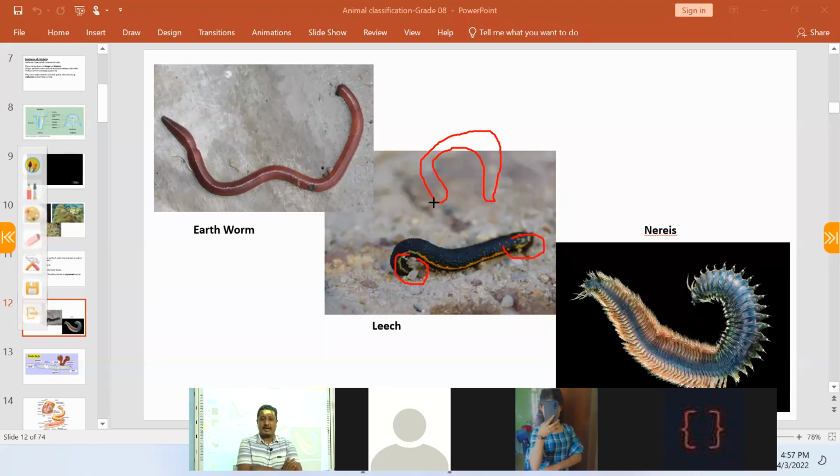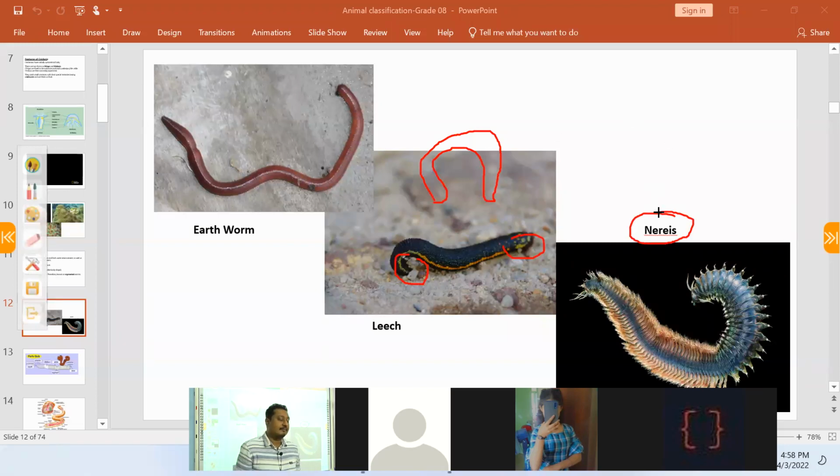Centipede has a flat body, but this worm has a round body. It looks like a centipede, but it's not an arthropod. It is a worm, so we call it patte panua in Sinhala. English, Nereis.